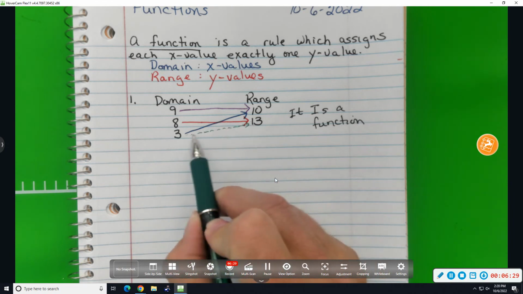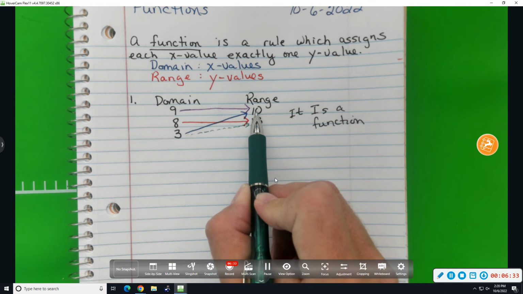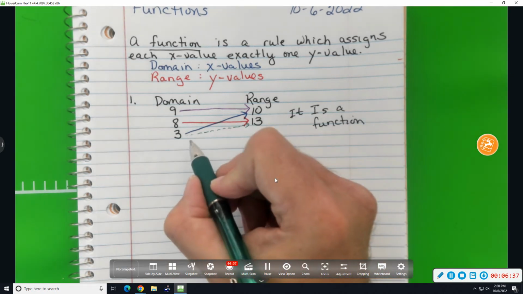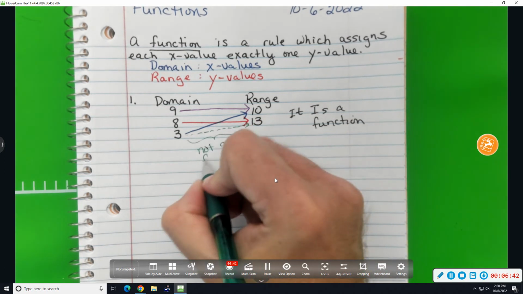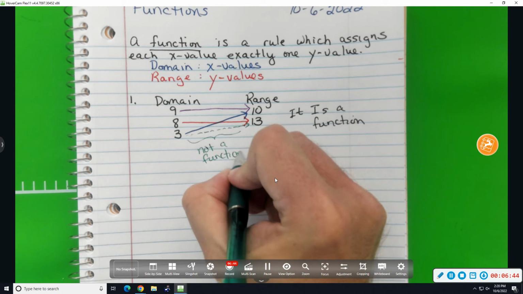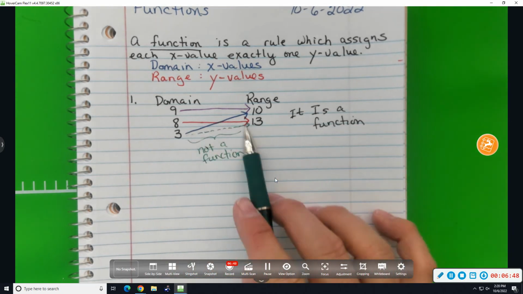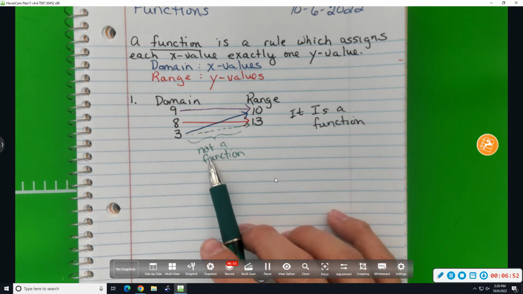If there had been two arrows, 3 would be assigned a y value of 10 and 13. Then that would not be a function. If that green arrow were actually there, then your answer would be not a function.